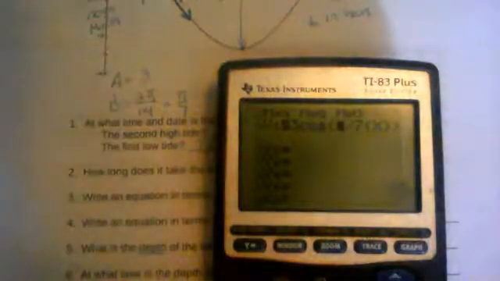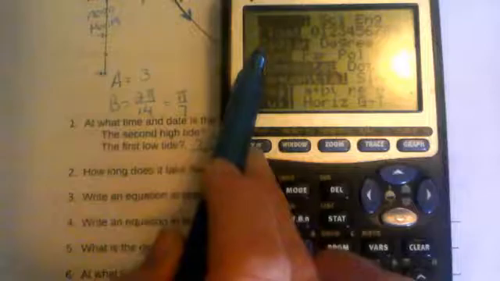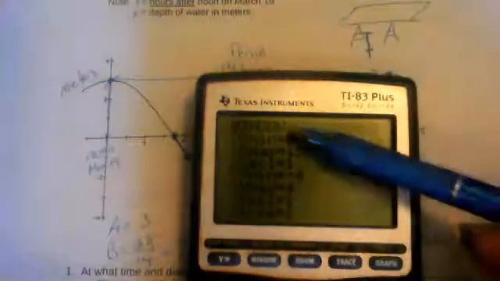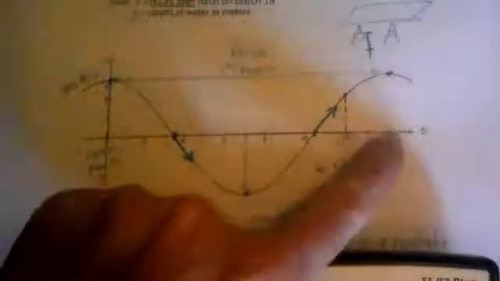All right, so there's also a couple of other things other than just typing that we need to check on our calculator. So you need to go to your mode key right here. Make sure you're in radian mode. And then in order for our graph to look exactly like the one on my paper, I need to set my window to be exactly like this paper. So I'm going to go to the window key, and I'm going to set this from 0 to 15.